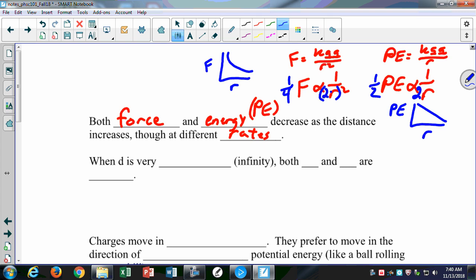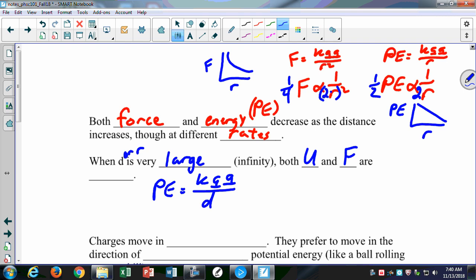Okay, so when D is very large, I'm sorry, I keep using R. I'll put D or R. When D is very large, both the energy and the force, well, what are they? Let's say that potential energy is KQ over D. If I let D get very, very large, like infinity, what happens to the potential energy?